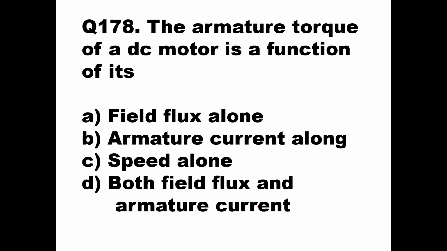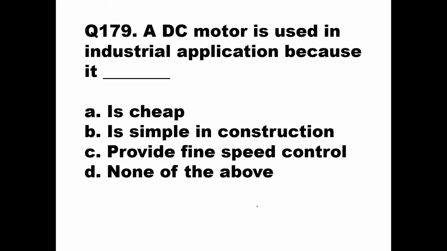The armature current is placed in the field flux, and that is where it will experience a force, because its own magnetic field will interact with the field flux, and then it will start rotating, there will be a torque. That means both field flux and armature current are responsible for armature torque of a DC motor. So option D will be the right answer here, both field flux and armature current. Then we'll go to the next question.